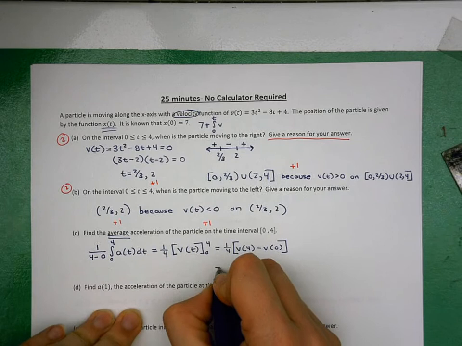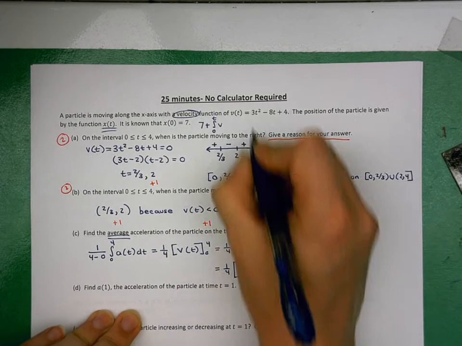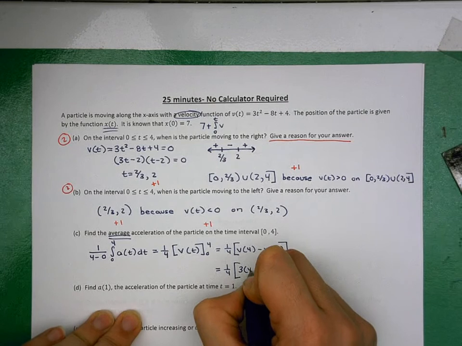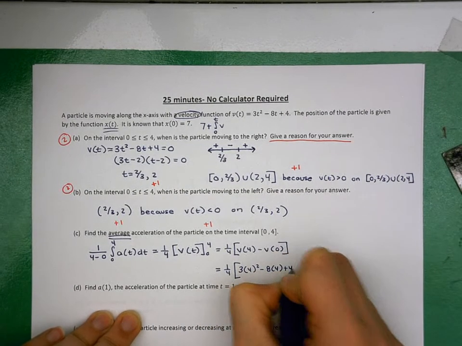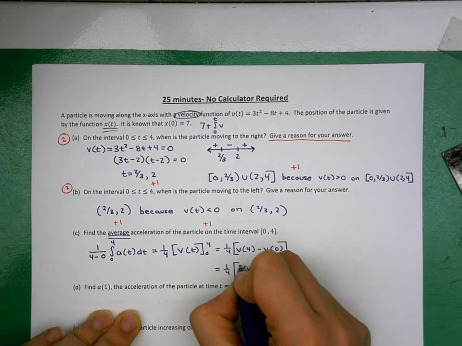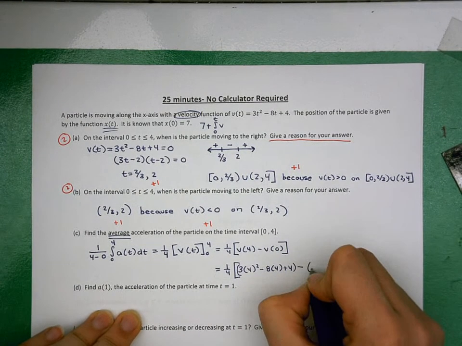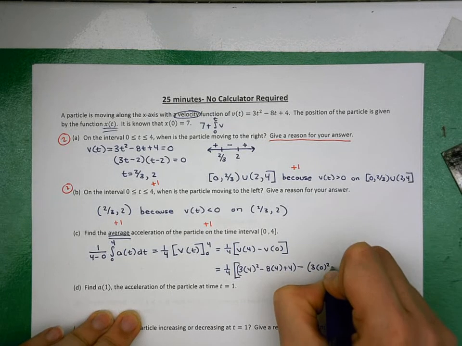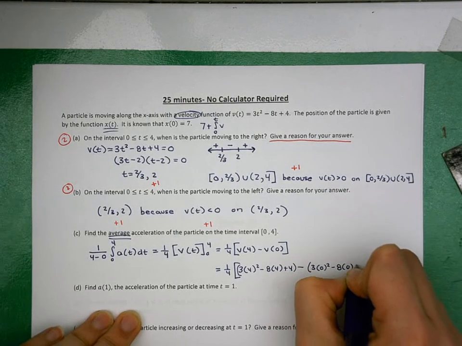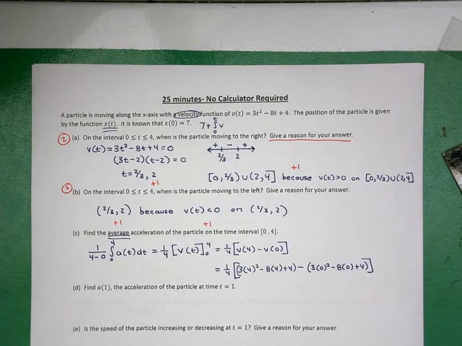And then v of 4 is 3 times 4 squared minus 8 times 4 plus 4 minus v of 0, which is 3 times 0 squared minus 8 times 0 plus 4. And then don't simplify. You don't have to. I did simplify in the rubric.